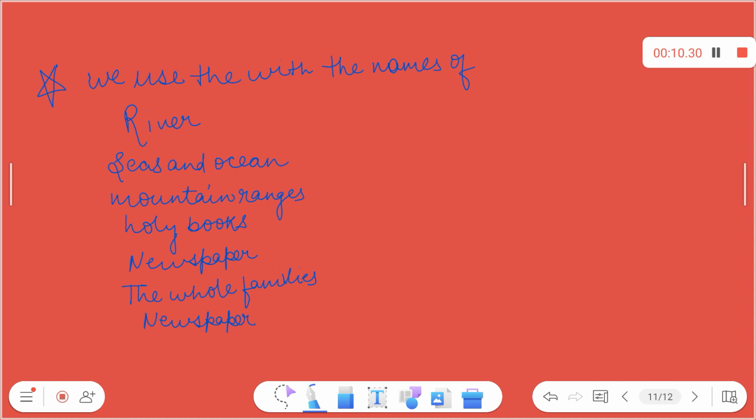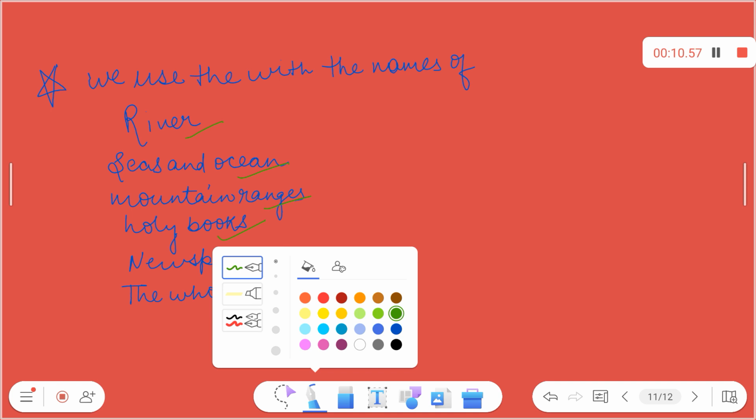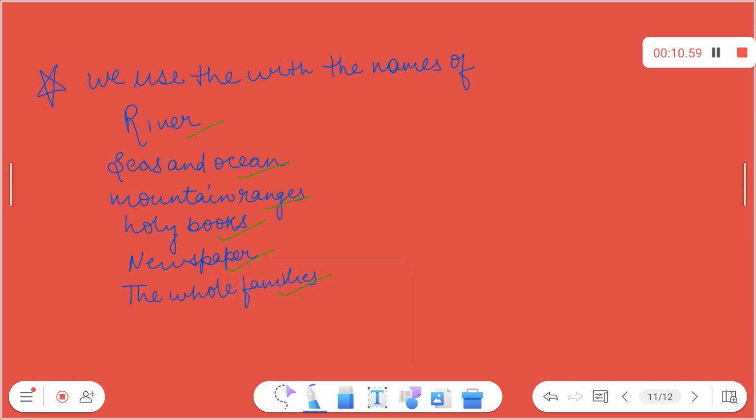Now comes the next usage. We use "the" with the names of rivers, seas and oceans, mountain ranges, holy books, newspapers, and whole families. When we talk about rivers, we say the Brahmaputra, the Godavari, the Ganga. For seas and oceans, we say the Arabian Sea, the Atlantic Ocean.